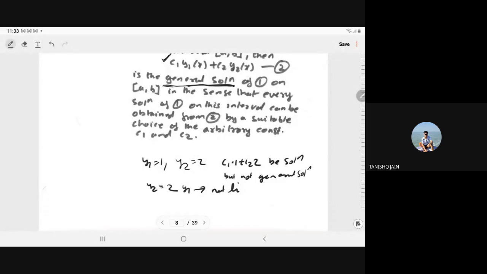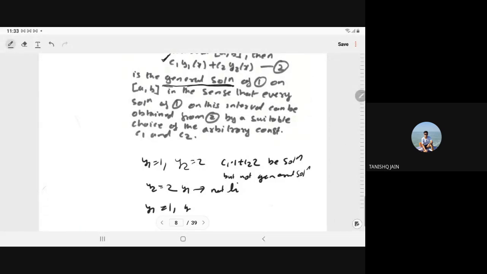So for writing the general solution, y1 is equal to 1, y2 is equal to x. So we can write c1 into 1 plus c2 into x as the general solution. Why can we write it as the general solution? If you compute y2, that is x, it is not a constant multiple of y1, which means y1 and y2 are both LI.